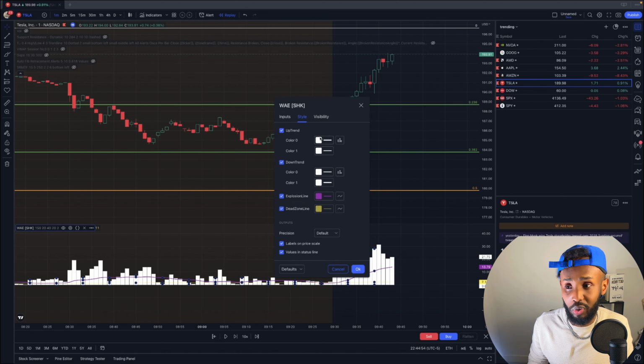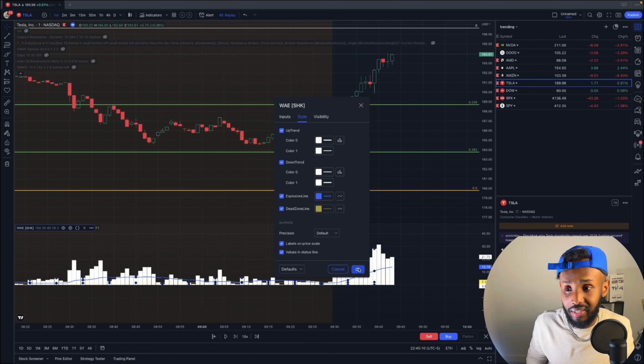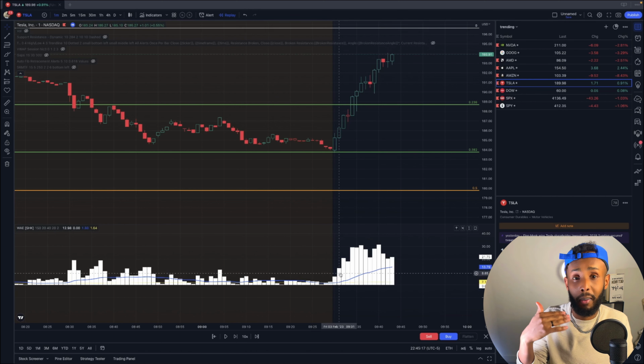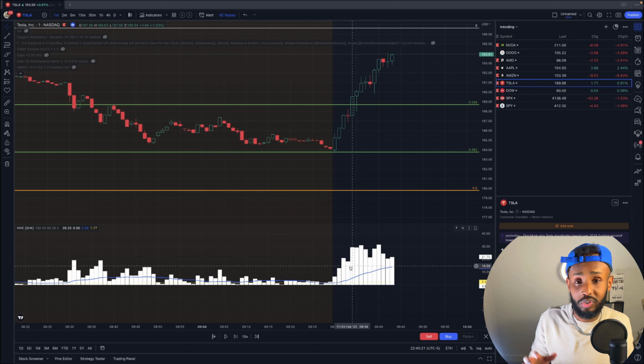And then the explosion line, this is the important part of this volume indicator. This one here, let's make it a color we can see. I'll make it blue. This blue line tells you that if volume is above this blue line, it is above average volume, which means either buyers or sellers are coming into the market.